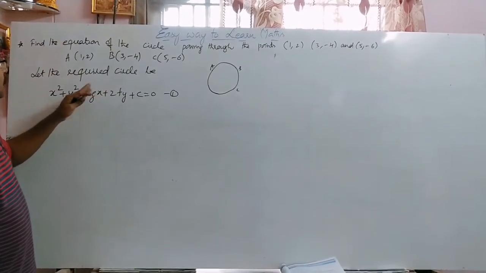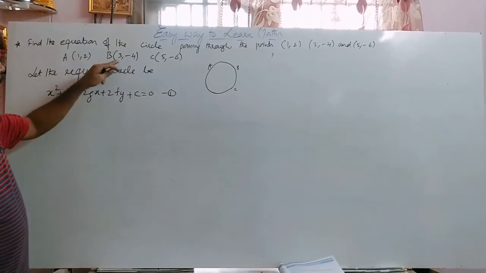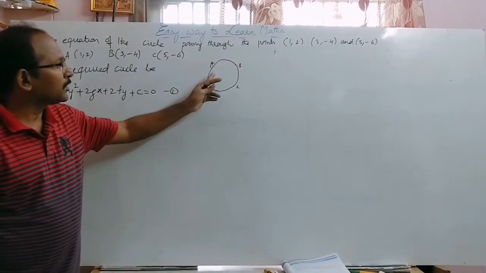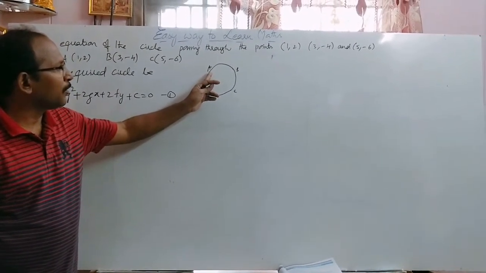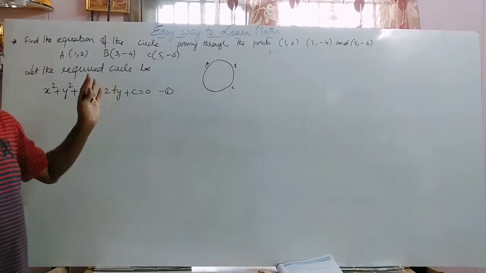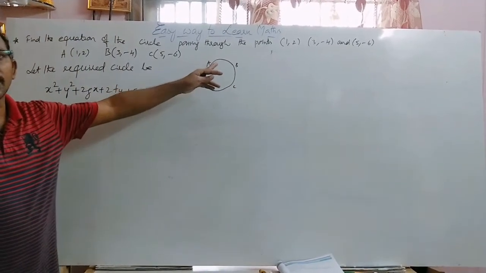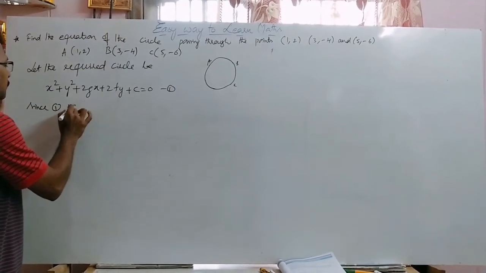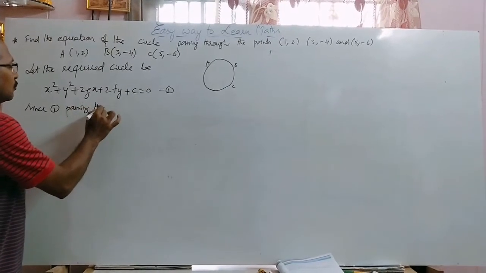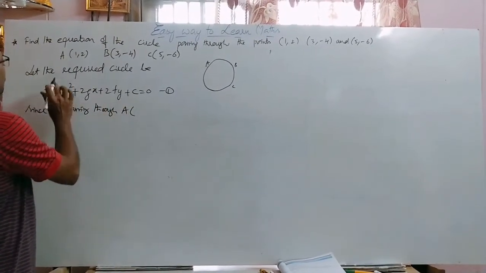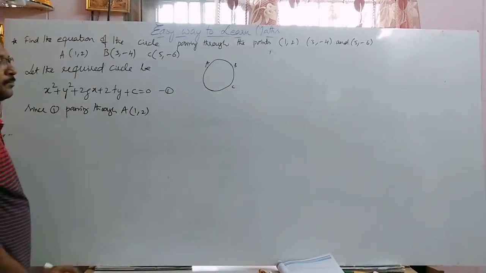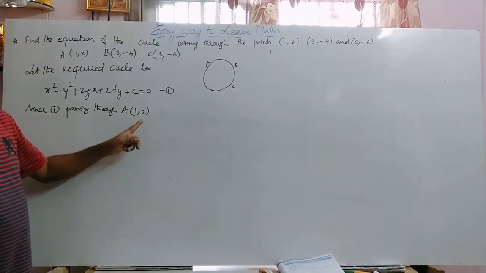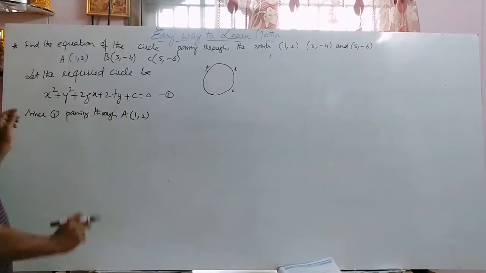The 3 equations are derived by simply substituting these 3 points a, b and c, because this is the equation of the required circle, and on the circumference of the circle the points a, b, c are lying. So now let us substitute. Since 1 is passing through A, coordinates 1, 2, in place of x we substitute 1 and in place of y we substitute 2 in equation 1.